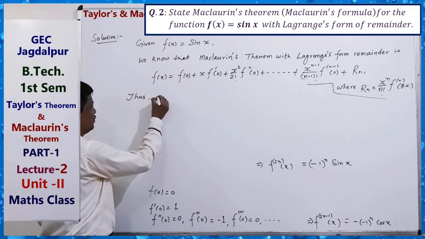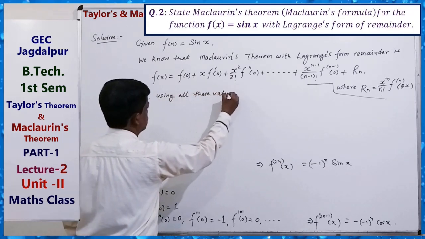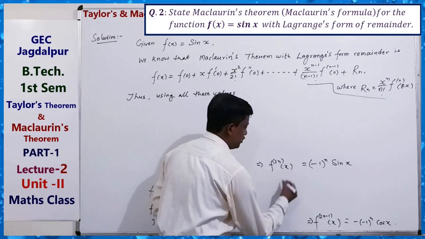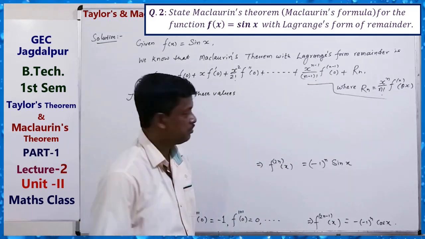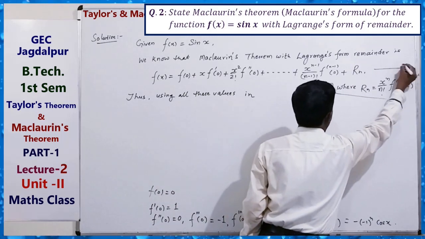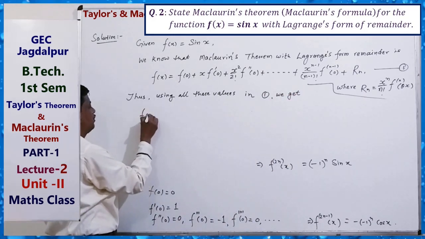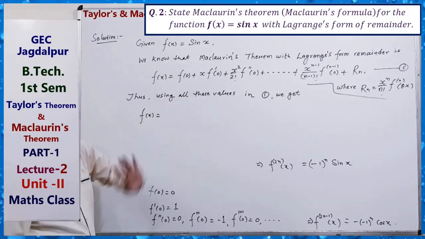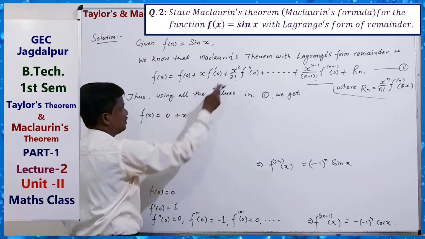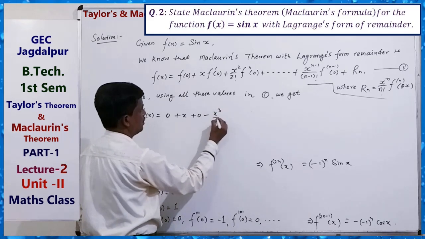Thus, using all these values, you can also find the last term, the remainder R n, in place of n, the nth term. So in this, f x equals f 0 is 0, f dash 0 gives 1 times x, then 0 for the second, then the third term minus x cube by 3 factorial.